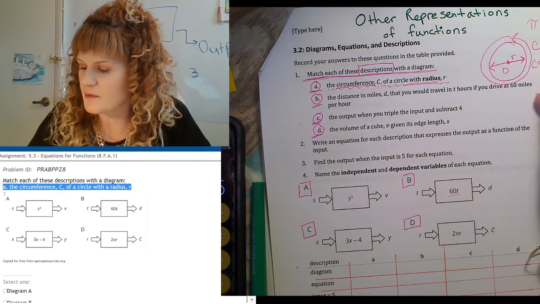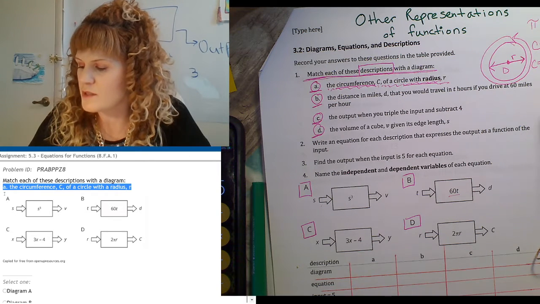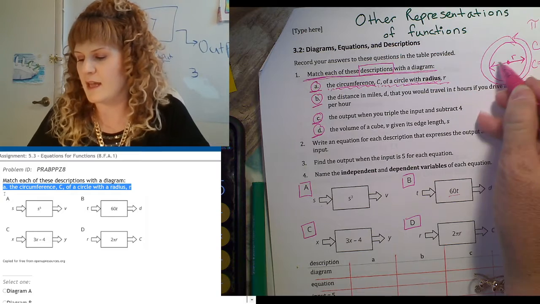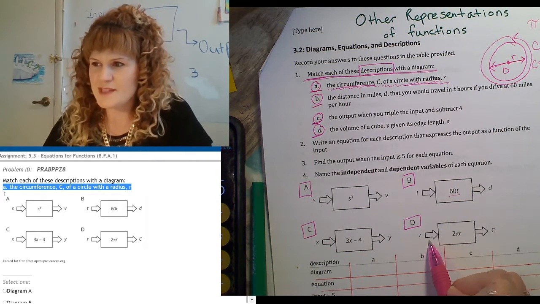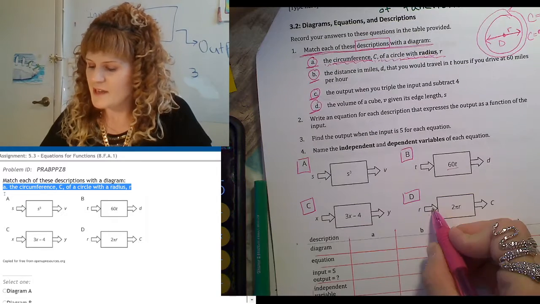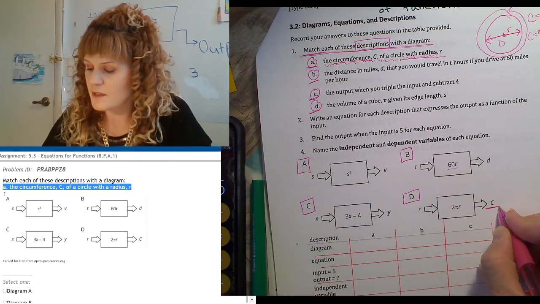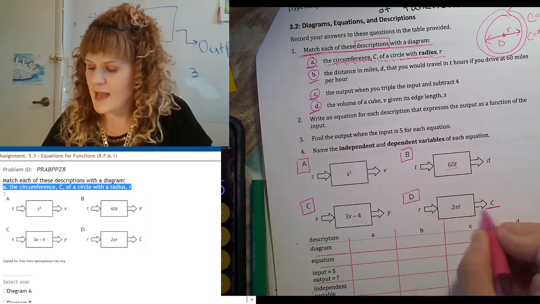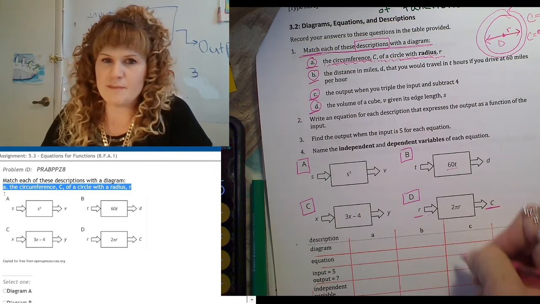So now I can even write circumference equals pi times 2 times r, because 2r, 2 times the radius, is the diameter. Okay, so now you see that it is D. Diagram D gives you the circumference of a circle as the output when radius of the circle is the input.